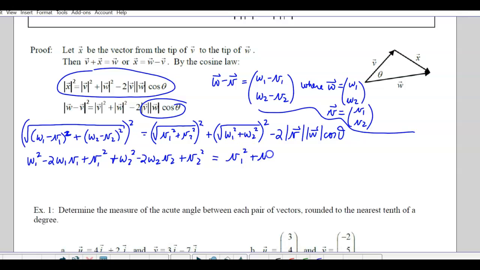Squared plus v squared. And then you'll notice that v1 squared adds to 0, v2 squared adds to 0, w1 squared adds to 0, w2 squared adds to 0.